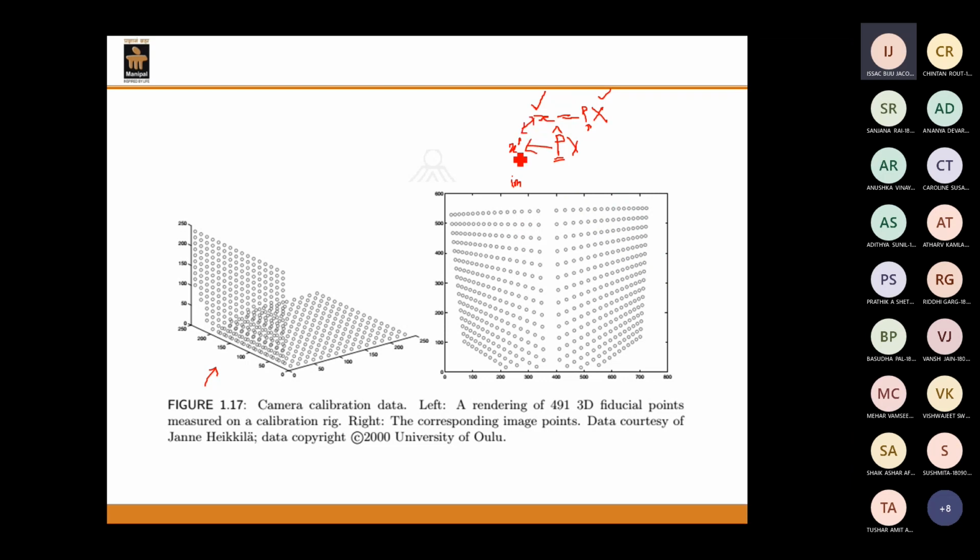Once I have the error function, I use that to refine the estimate of the camera calibration, and this goes on, and slowly it becomes optimized, and you find that it would coincide, or lie as close as possible to the actual correspondence image coordinates.